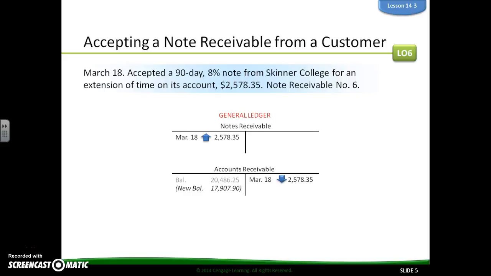So we're actually going to reduce the amount of our accounts receivable, and we're going to transfer this over to our note receivable. The accounts receivable ledger for Skinner College gets zeroed out based on this note from them.